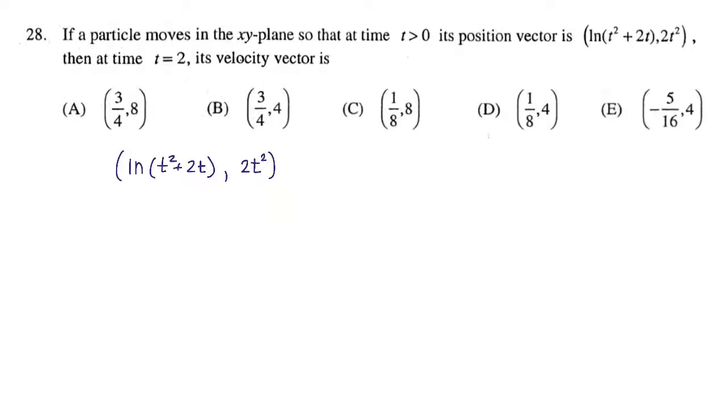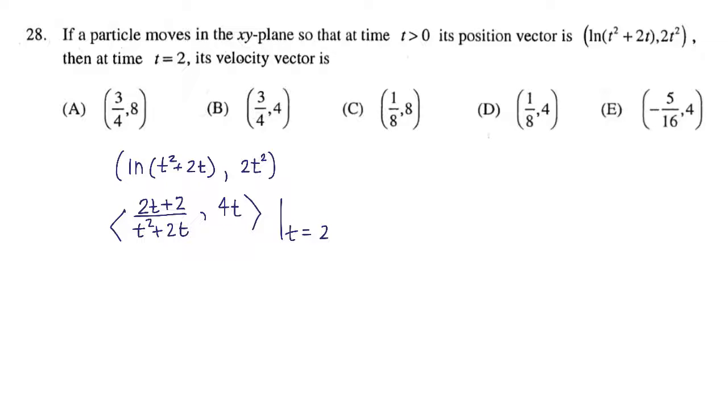So for the velocity vector, you should end up with, for the natural log of t squared plus 2t, we take the derivative there. We're going to get 2 times t plus 2 all over t squared plus 2 times t. And then over on the other side, we're going to have 4 times t. So we have here our velocity vector, and now we need to find this when t is 2.